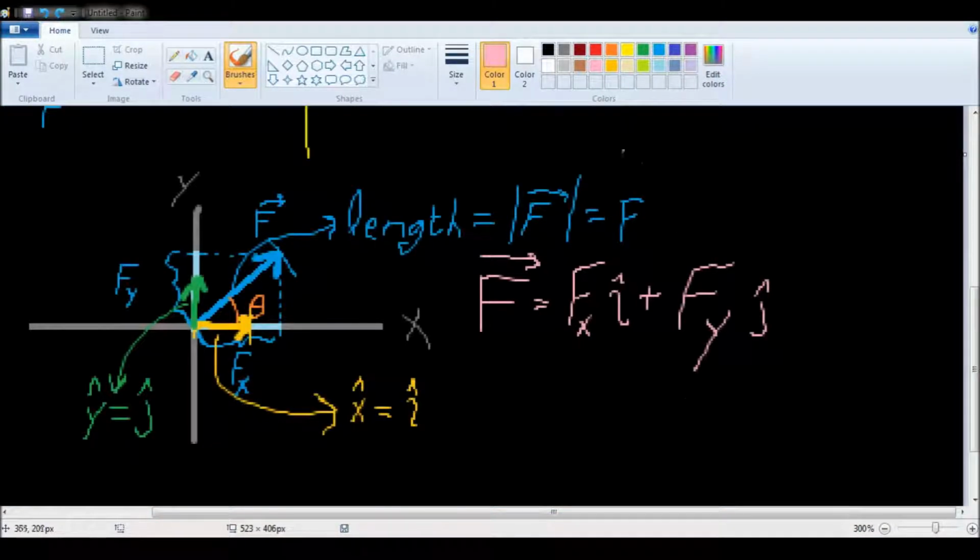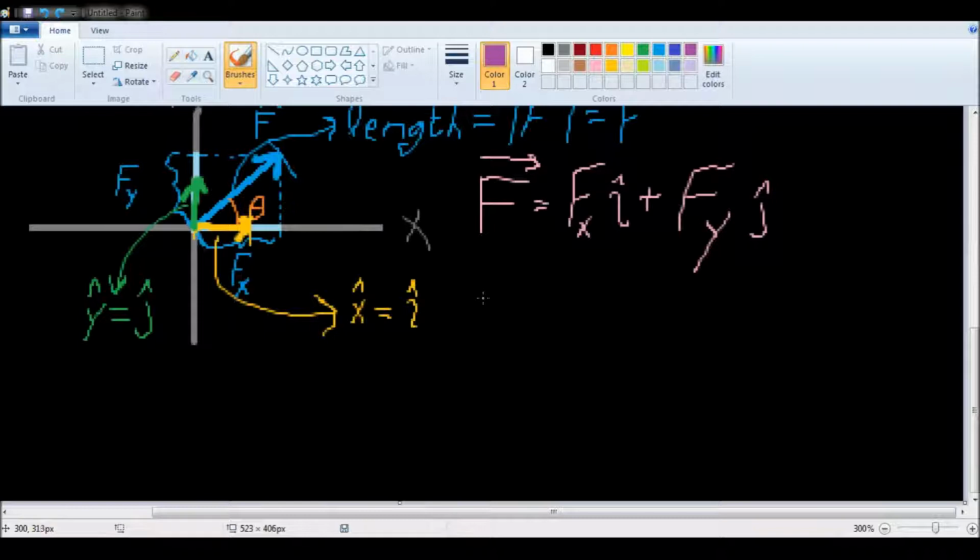Another common way to write this is, and I'll do this in another color, let's do purple. So another way to write this is in a simplified vector notation, where we make use of not greater than or less than signs. It's like sideways carets.